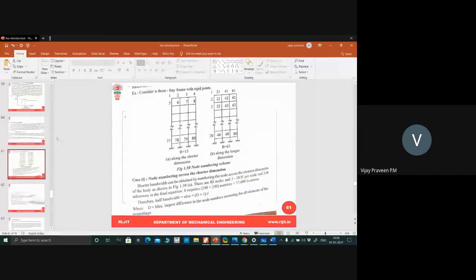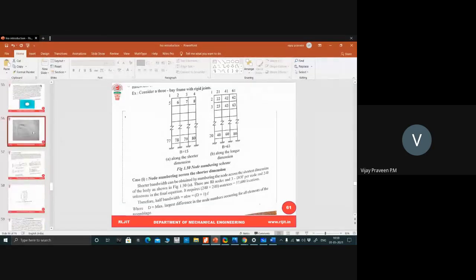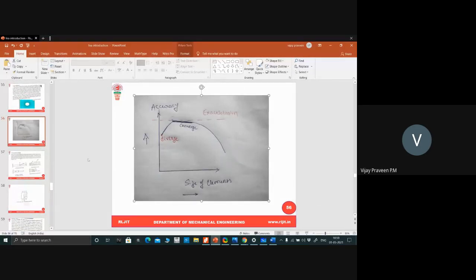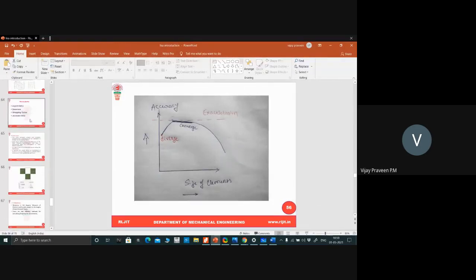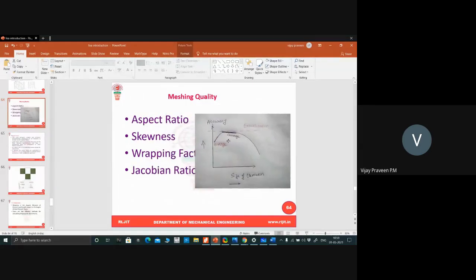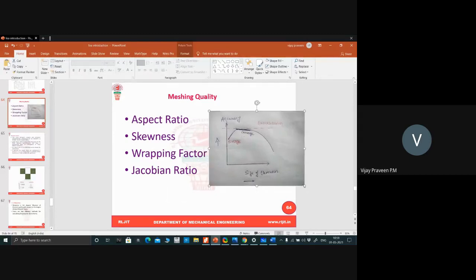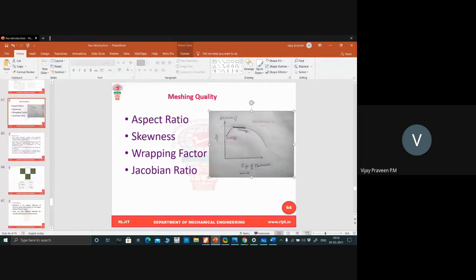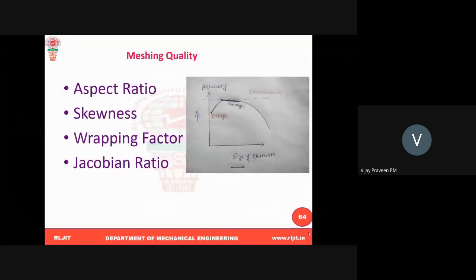Now, as I mentioned, I discussed the size of the elements. In the topic of size of the element, as the size of the element decreases, your results will converge to the exact solution.